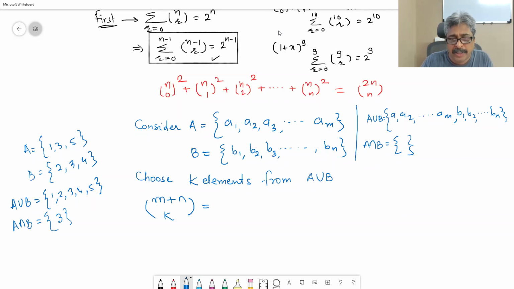However, the second way of doing it is, if you choose one element from set A, m choose 1, then you have to choose (n choose k minus 1) from B, correct? Or if you choose 2 elements, maybe we should start from 0.